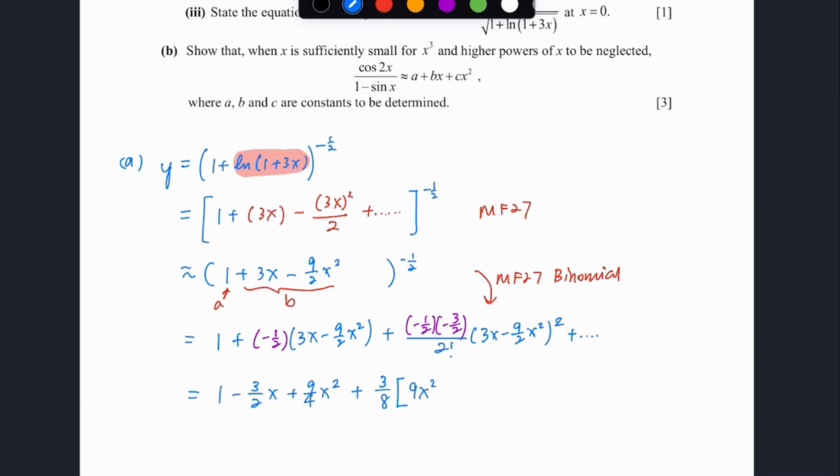If you further expand, you will get an x cubed and x power 4 term, and we don't need those terms, so we just let it be. Because of that, 1 minus 3 over 2 x plus 45 over 8 x squared, and so on and so forth. So this is part 1.